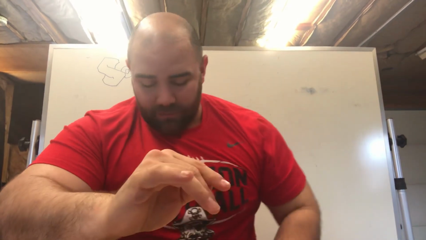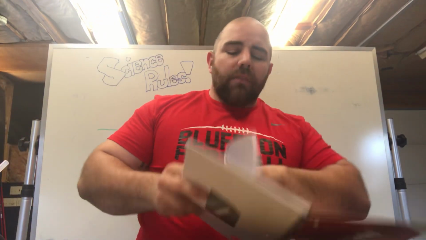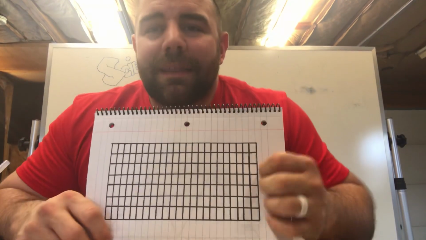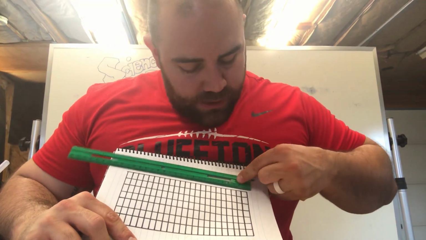Now, before you get to building your bridge, you are going to have to actually design your bridge. So here is how I suggest you make your bridge design. You're going to take a pencil and paper, get a notepad out. The first thing you want to design is the base of your bridge. Now, if you look at mine, it's 20 centimeters long, okay?